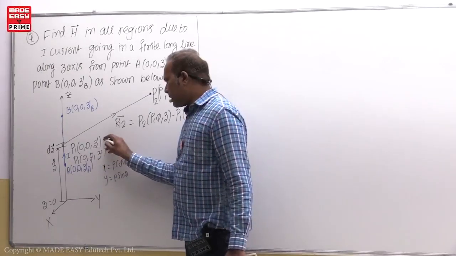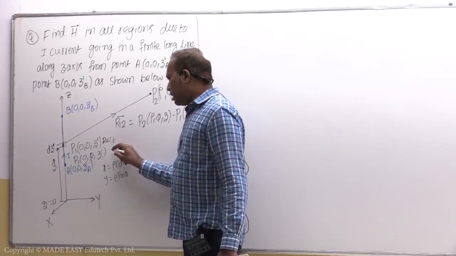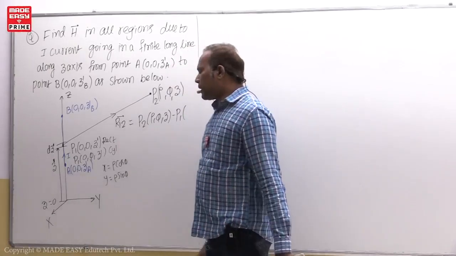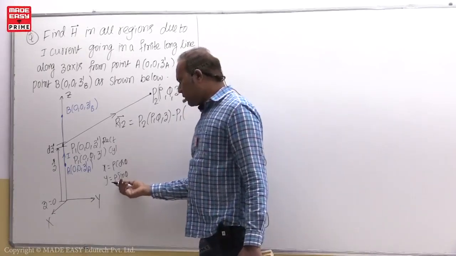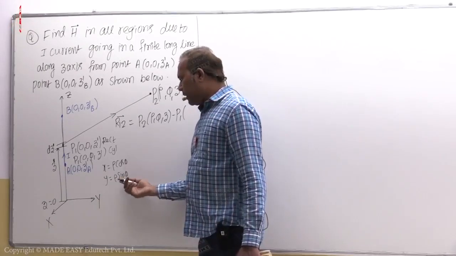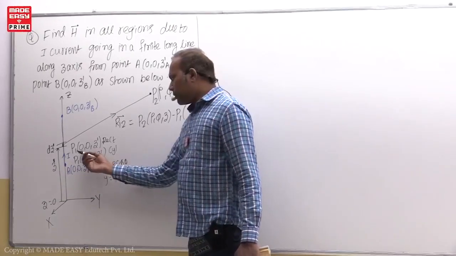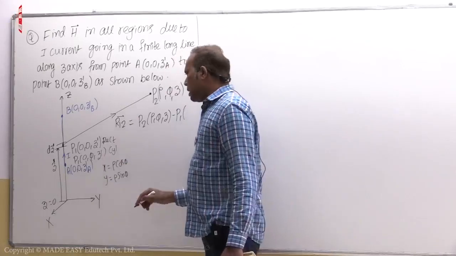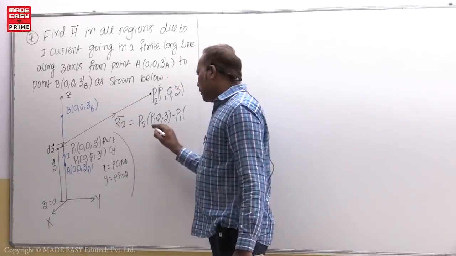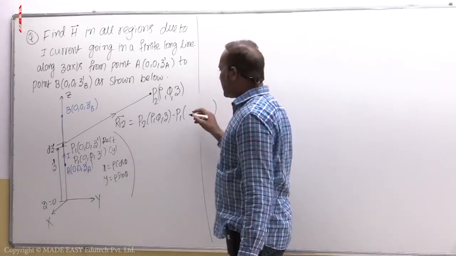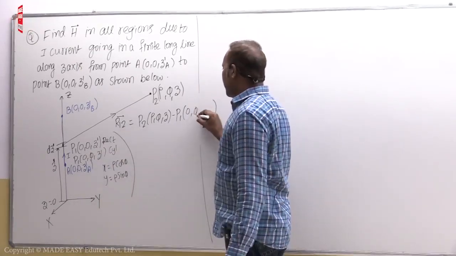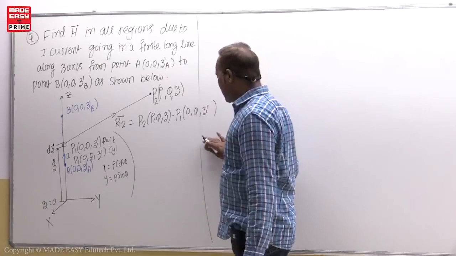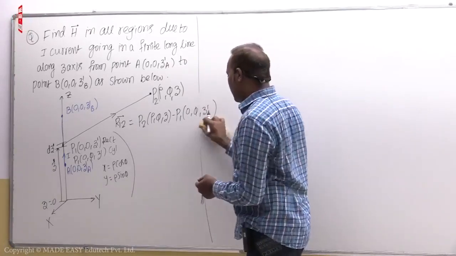So this is the rectangular system point, and this is in the cylindrical system because we are solving the problem in the cylindrical system. So if rho is 0, then whatever angle it may be, the x value and y value are 0. In this way, in the cylindrical system, you can write this location as 0 comma phi comma z dash. You can use conversions if you have any doubt.